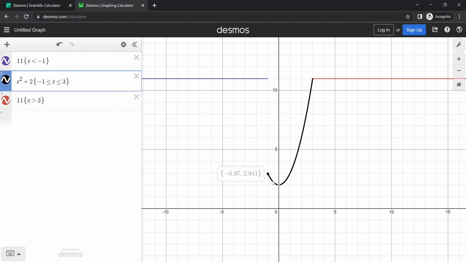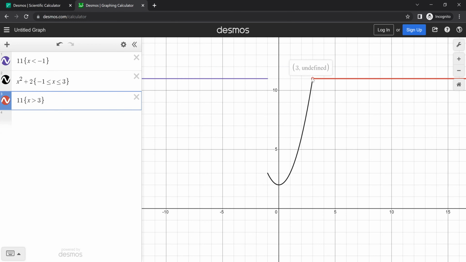Okay. Now you keep traversing this curve, and you get up to this point right here. This is called a corner. And this corner is awkward, but it's continuous. Oh, I'm sorry, it's undefined, but there's an overlap there. Because they touch right there at 3, 11, you're okay. So it's continuous there.